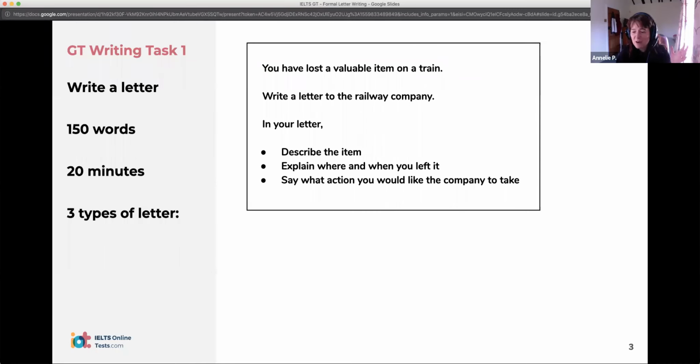We've got formal, informal, and semi-formal. We've called the informal one personal because it's to a friend, but it's the same thing. So you can get any of these types of letters in the general training. Very important, because a lot of people think it's always formal. It's not the case. It can be a letter to a friend.